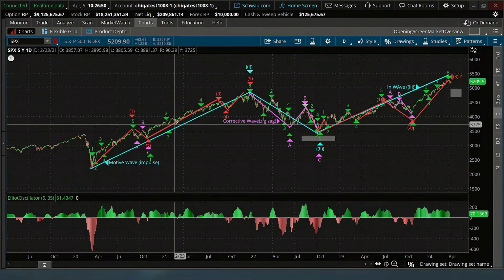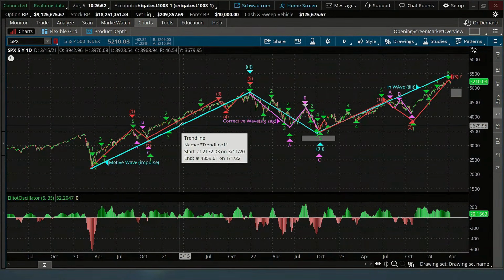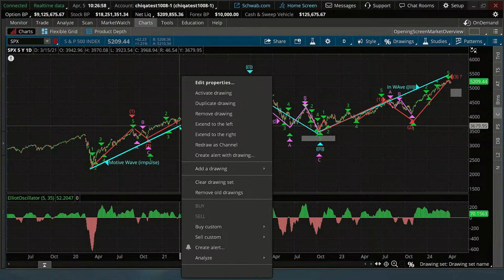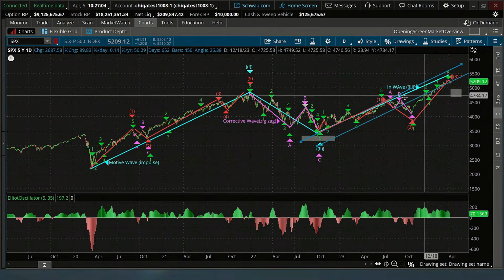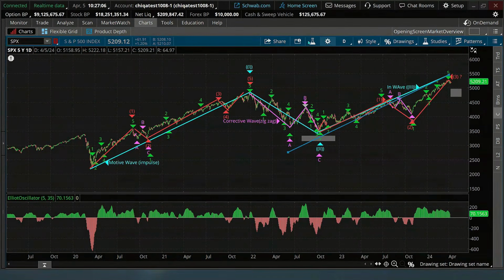So let's see how big this wave is and add it and see if we reached it or not. We're going to duplicate that drawing and drag it over. I'm going to have to put some more time on this chart then. Hang on.